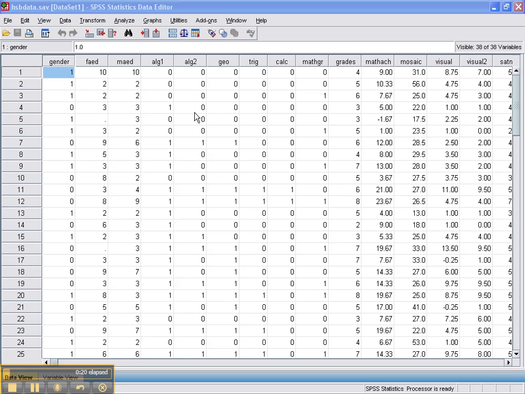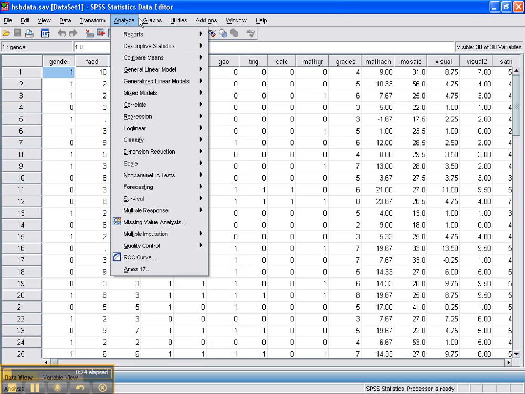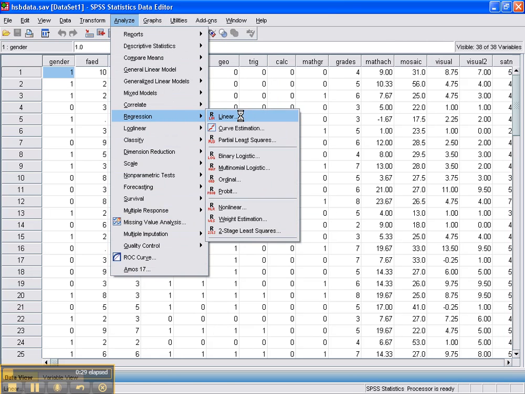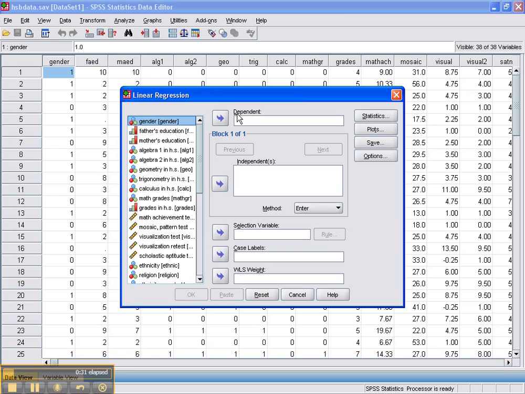Now, your text talks about, okay, let me go ahead and get it set up. Analyze, regression, linear. All right. Our dependent variable is what here? Math achievement test. And our independent variable is grades in high school.